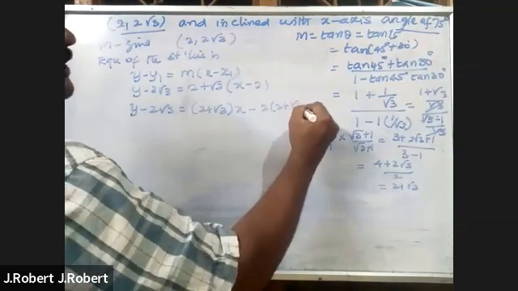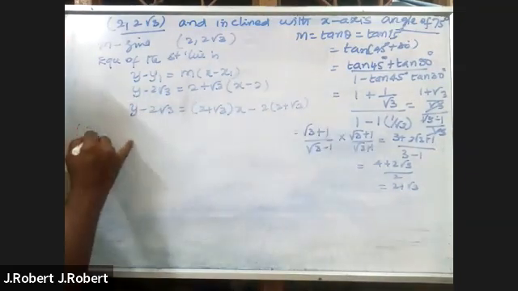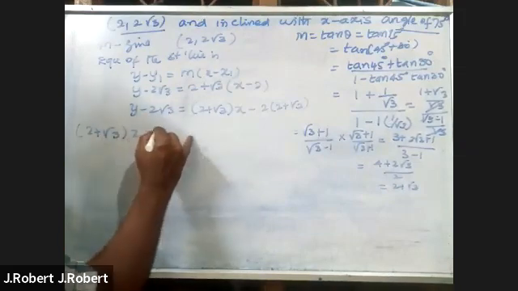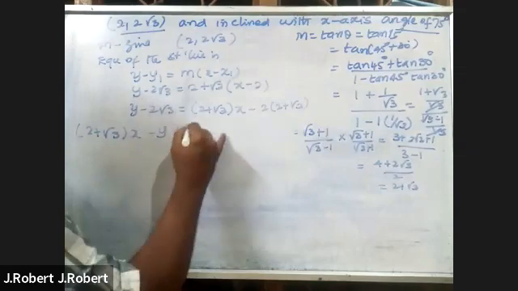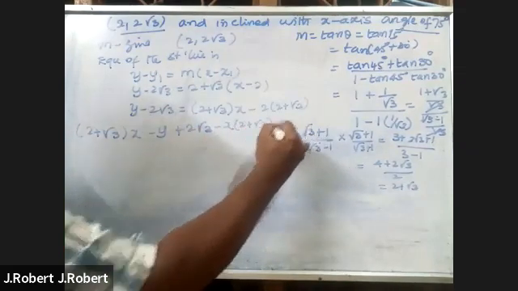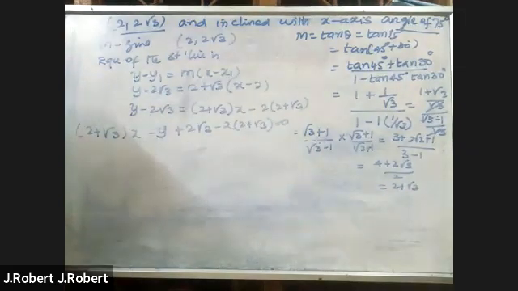Arranging in order, 2 plus root 3 into x, minus y, plus 2 root 3 minus 2 into 2 plus root 3 equals 0. We are only simplifying the constant term.